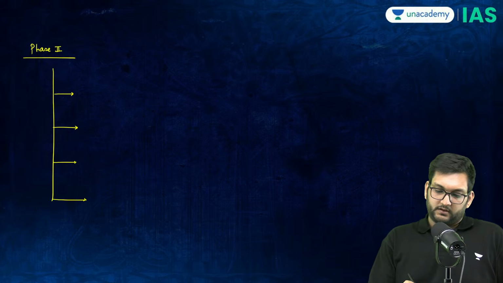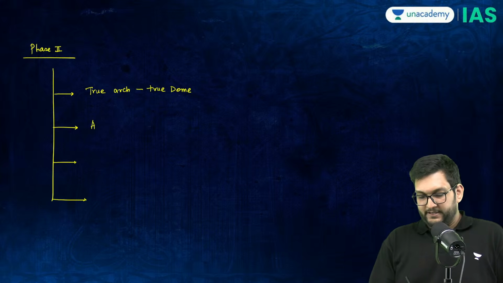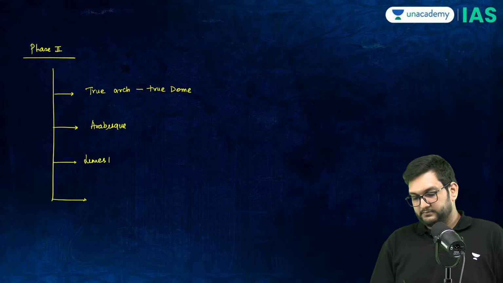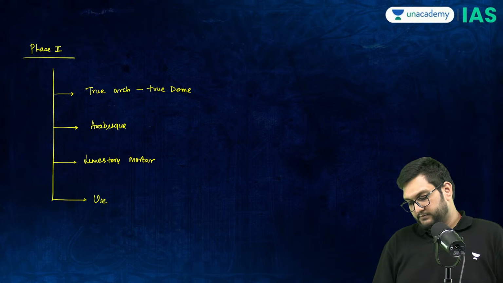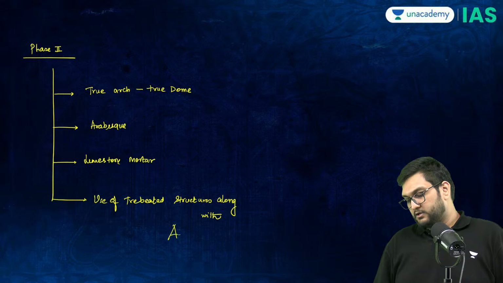First is true arch, true dome, arabesque, limestone mortar, and use of riveted structures along with accurate structures. Accurate structure is what you see, which is pillarless.